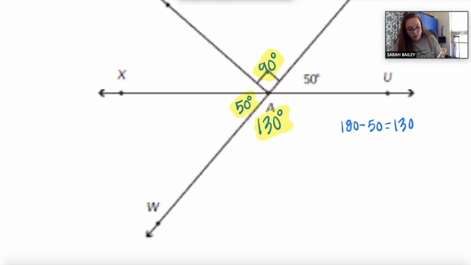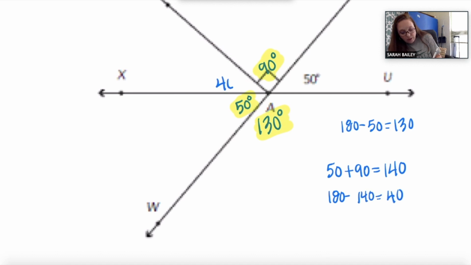Two of them are already given: one is 50 degrees and the other is 90 degrees. If I do 50 plus 90, I get 140. Then if I subtract that from 180, I get 40. So this angle right here is going to be 40 degrees.